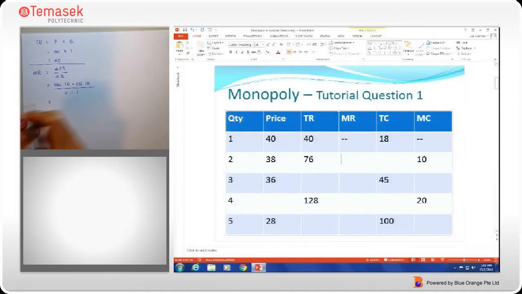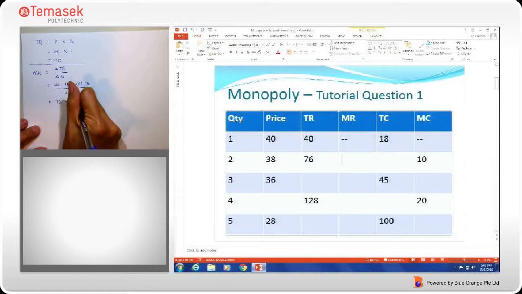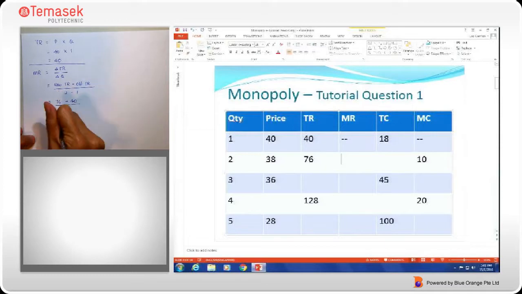Okay. New total revenue is 76 minus 40 divided by 1, so therefore our marginal revenue is actually 36. So let's write that in here, 36.